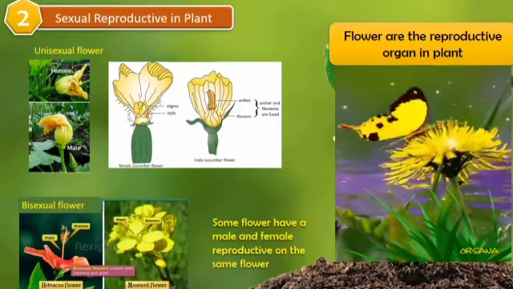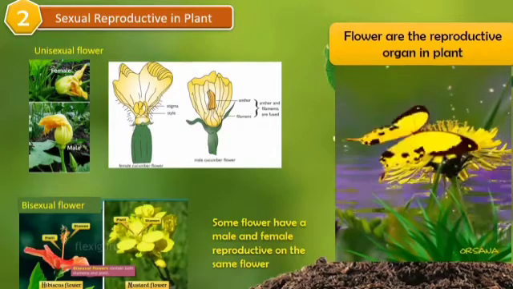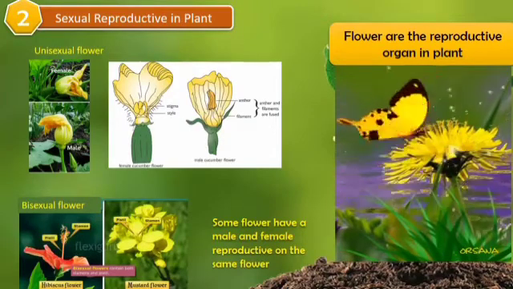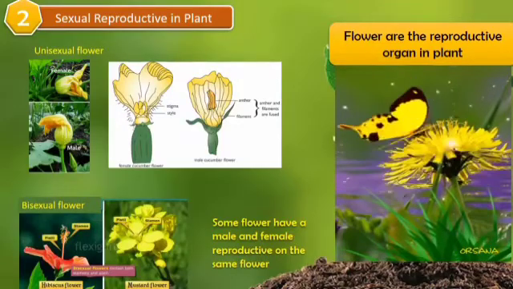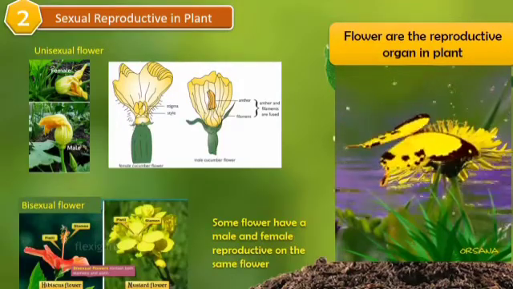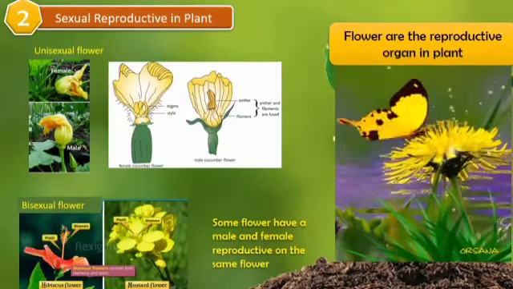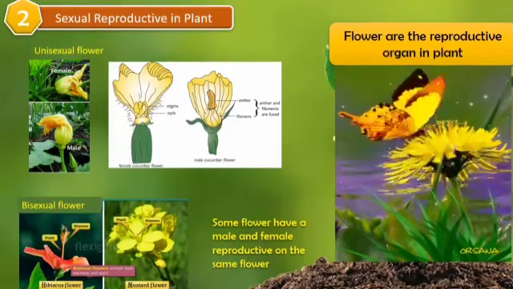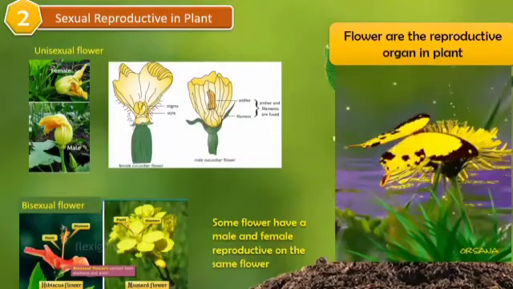It is different from the bisexual flower. A bisexual flower has both of them, pistil and stamen. For example, the big hibiscus flower or mustard flower has pistil and stamen in one flower. Some flowers have both male and female reproductive parts.